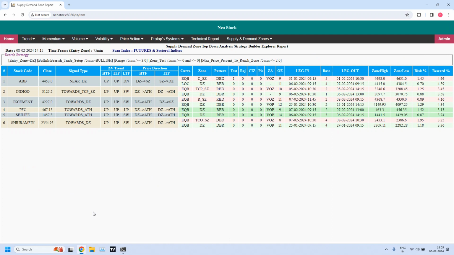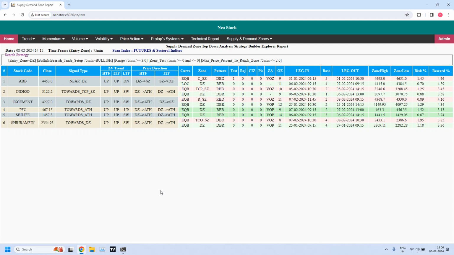Now 3 more stocks are added: JK Cement, SBI Life and Shriram Finance. JK Cement is again moving towards the demand zone. Shriram Finance is also moving towards the demand zone. They are all trying to reach the demand zone. And all these demand zones are fresh zones. Even rejection count is also 0.